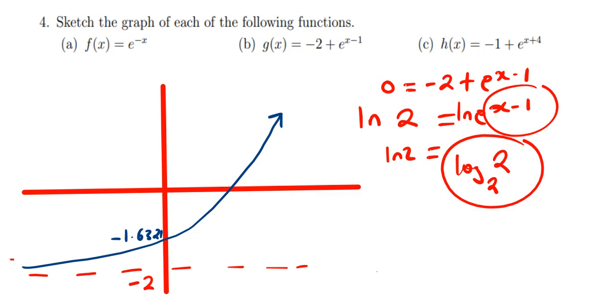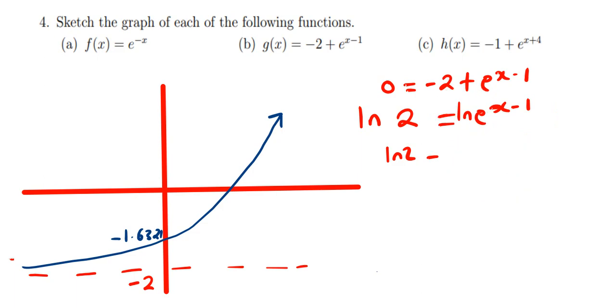Therefore you're just going to remain with that. The power is going to drop, and when this power drops, then this one will cancel. So what are we going to remain with? We're just going to remain with x minus 1. For me to remain with x on the other side, I'm going to have natural log of 2 plus 1 is equal to x. So this point is natural log of 2 plus 1.